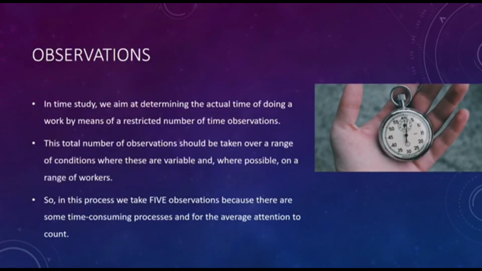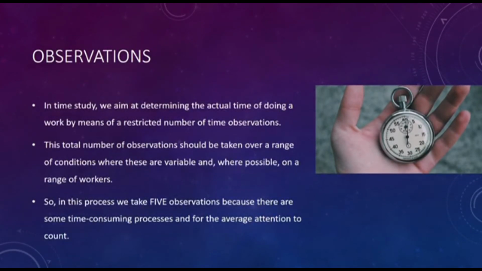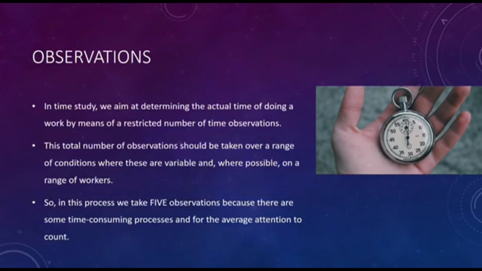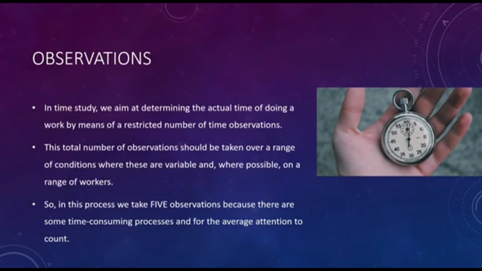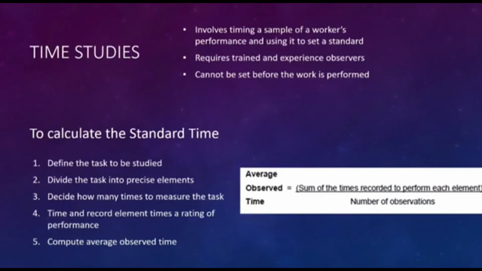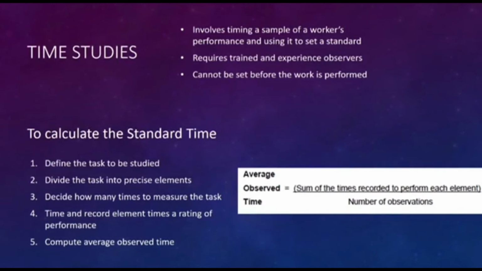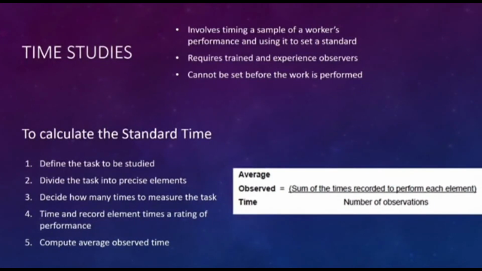For the evidence, we take 5 observations because there is a difficult process in what we observe. Then the time study involves timing a sample of workers' performance and using it to set a standard.